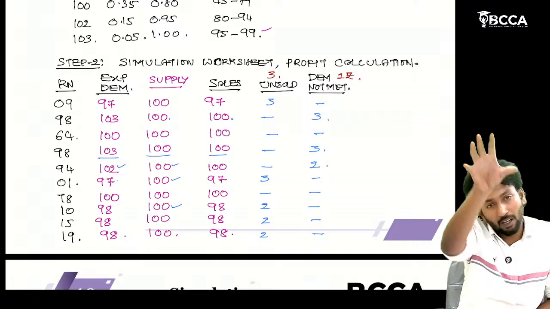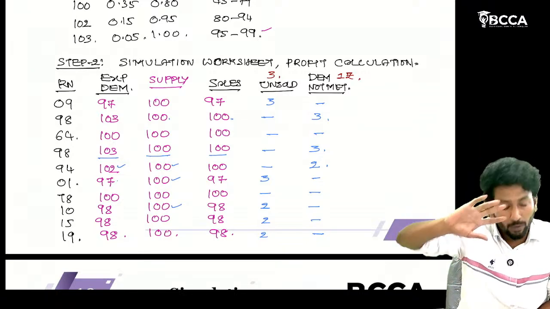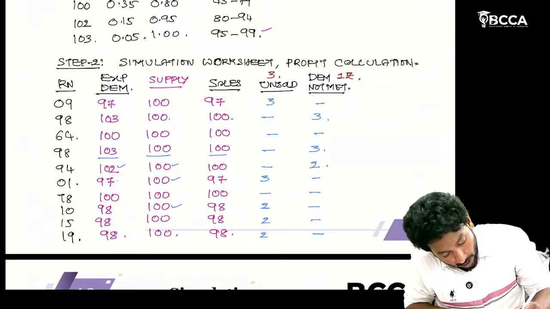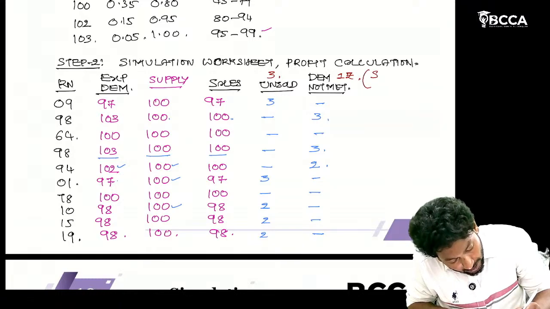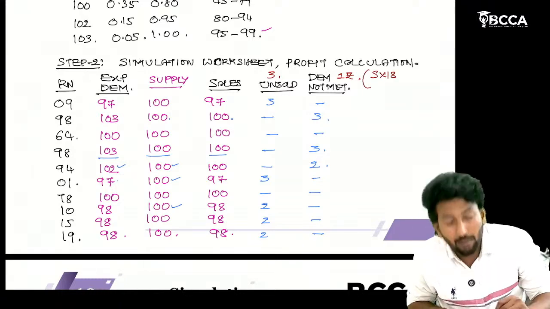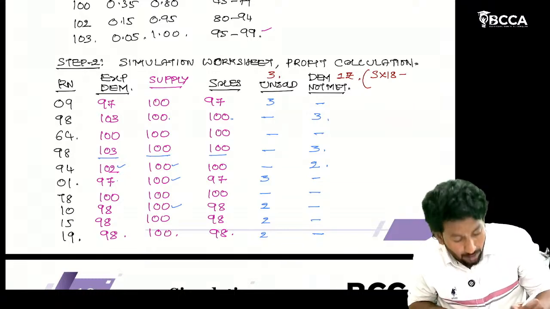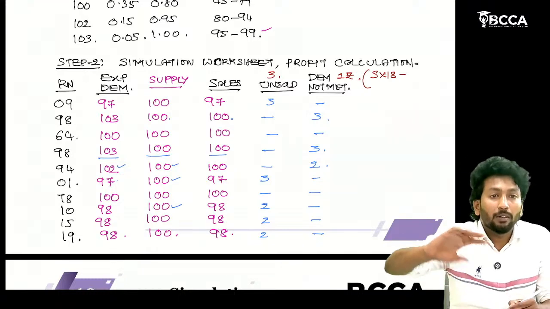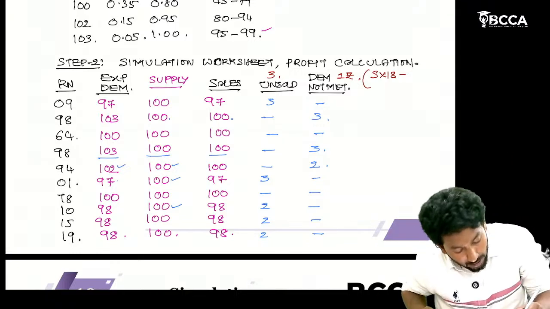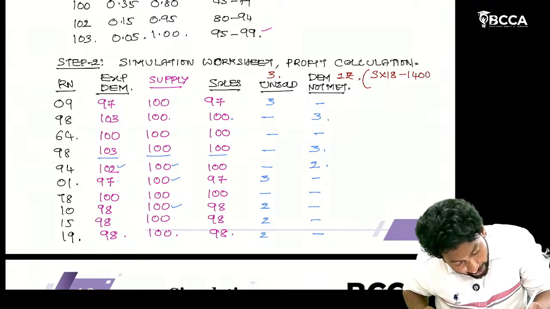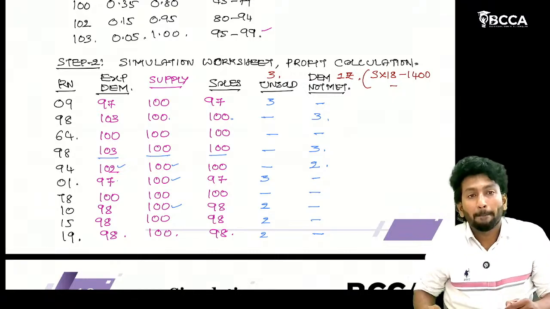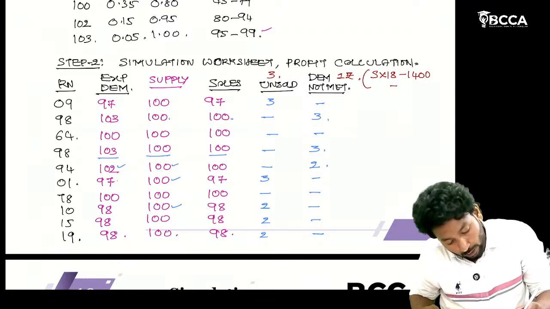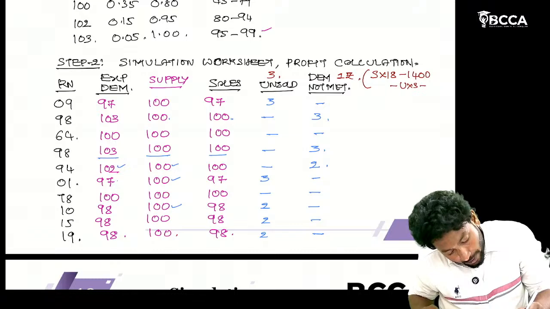Instead of taking all those columns, directly we can write profit. How to calculate that profit: sold units into 18 minus daily production cost. We are producing 100 units only, for each unit variable cost 14, that means cost 1400, minus unsold units into 3, minus demand not met units into 1.